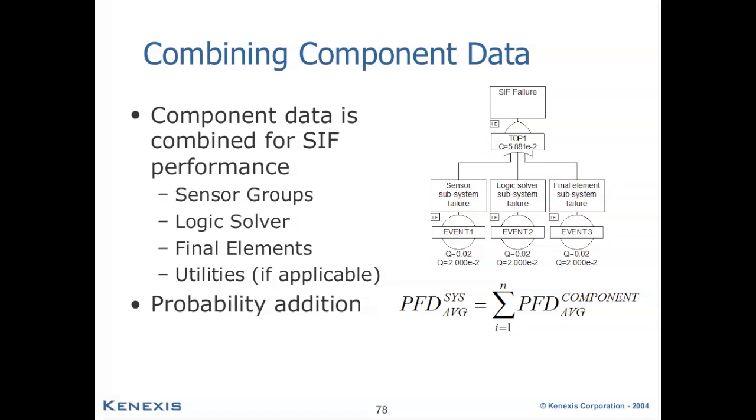And once you have established the PFD and, following from that, the STR for each of your components, then combining the data simply involves taking each of the subsystems and summing them together by probability addition. This will be the sensor subsystems, the logic solver subsystems, and the final element subsystems.